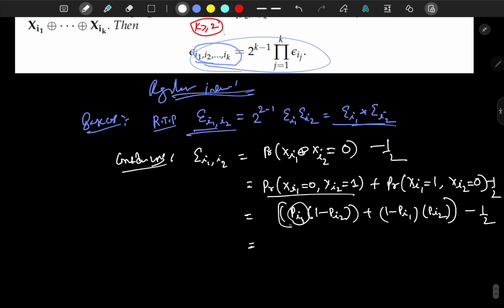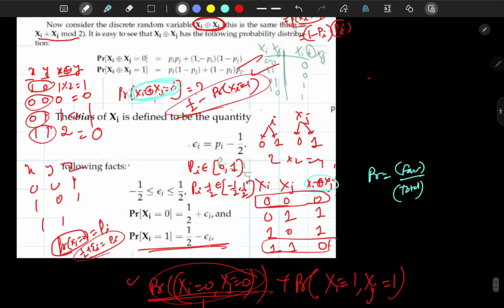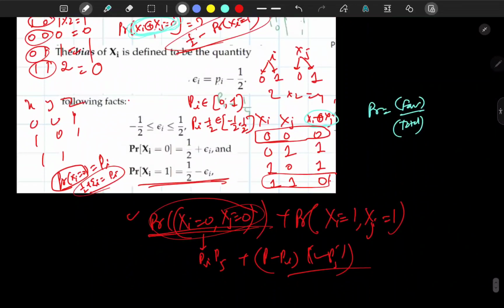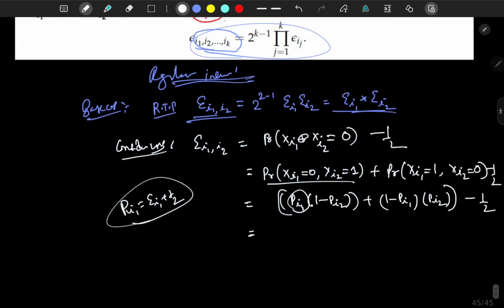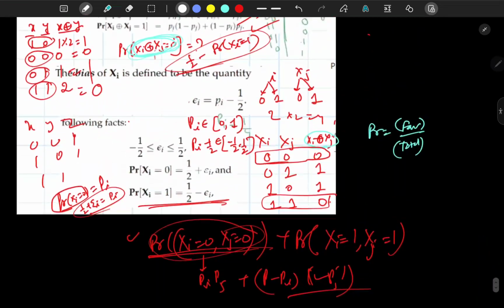See again, what is pi1? pi1 means epsilon i1 plus 1 by 2. We have seen this just now. If you forgot, then it is your mistake.